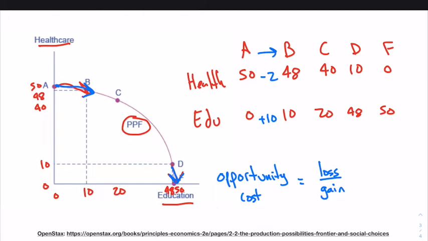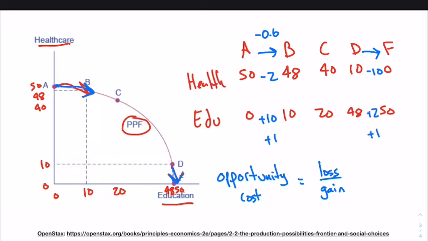And for us to see that our opportunity cost is going to cost us more, if we were to break this down, for every one increase in education, we would be foregoing 0.2 healthcare. Now, if we go from D to F, we are losing 10 healthcare and only gain 2 education.